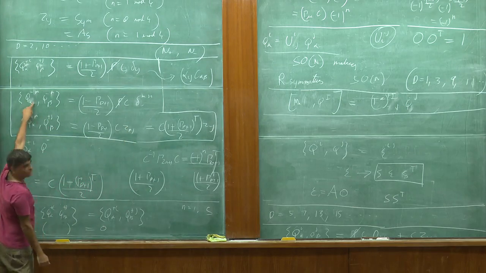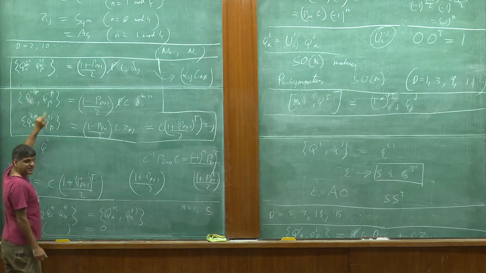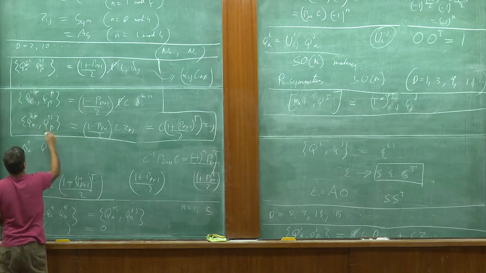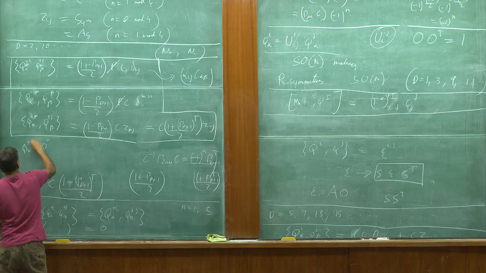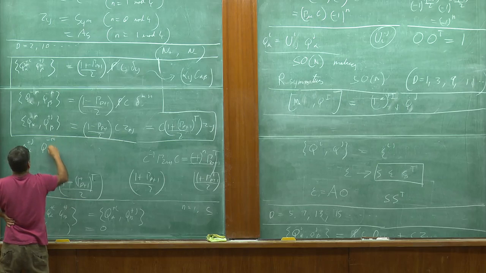Because this is an index for which antichiral spinor, and this is an index for which chiral spinor. So you had Q plus alpha I, Q minus M beta. This is your question, right, Kanu?